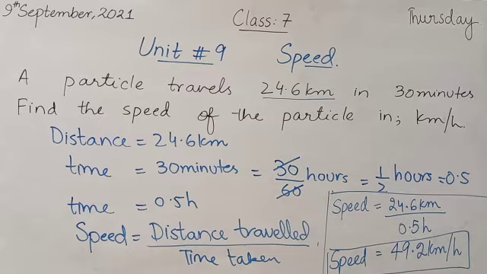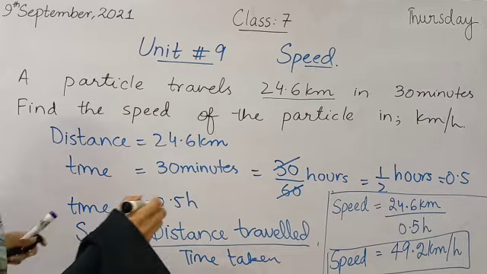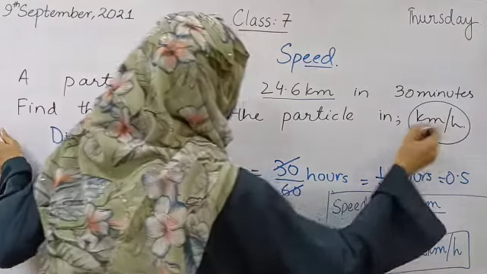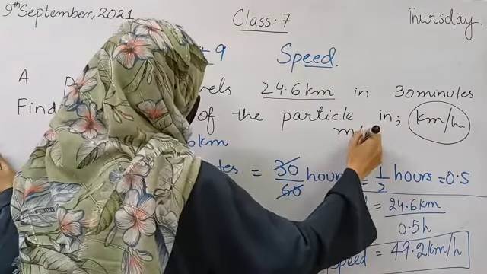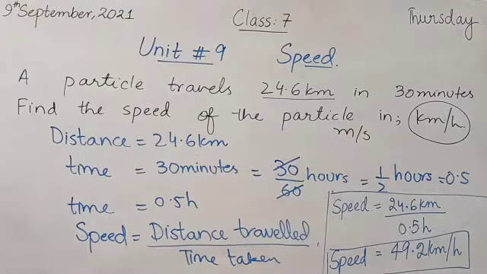Next, if I ask you to find out the speed in meter per second, now we want to find out the speed in meter per second. So what should we do?